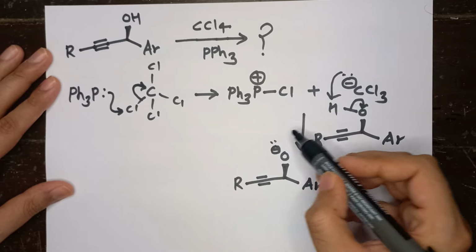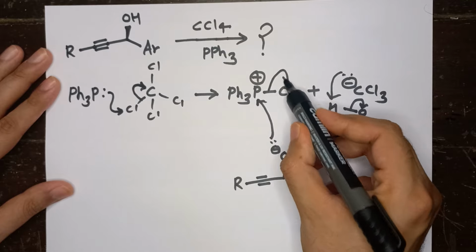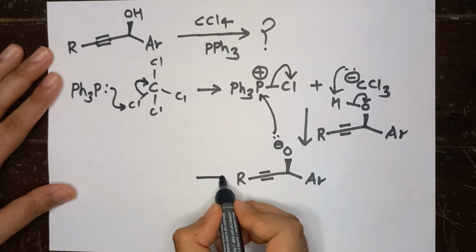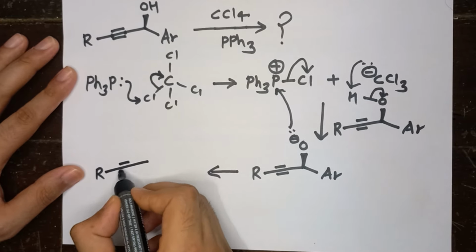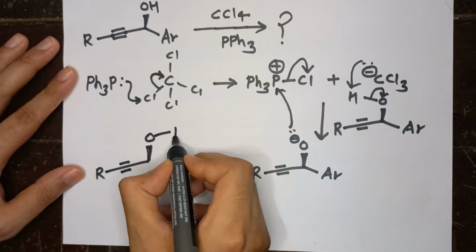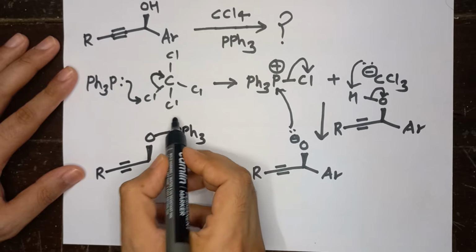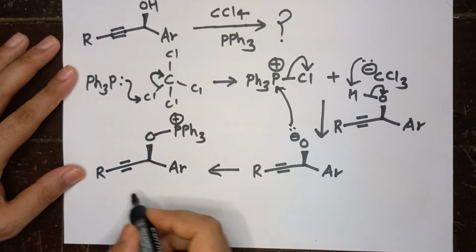Now this oxygen with its lone pair will form a bond with phosphorus. This Cl is going to leave and you generate R alkyne, oxygen bonded with PPh3. This phosphorus getting positive charge and here we have an Ar group.